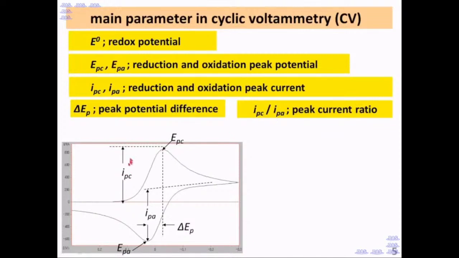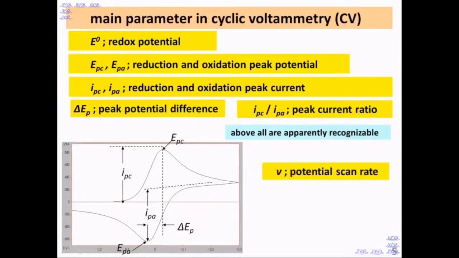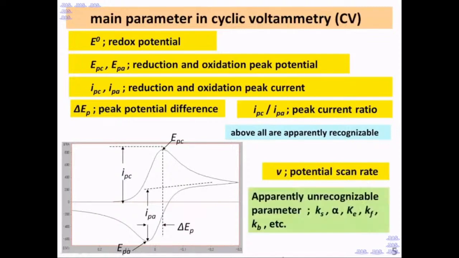IPC is the reduction peak, and IPA the oxidation, anodic peak; cathodic peak. The ratio is the peak current ratio. Above all, these are apparently recognizable; we recognize each parameter. U or V means potential scan rate.